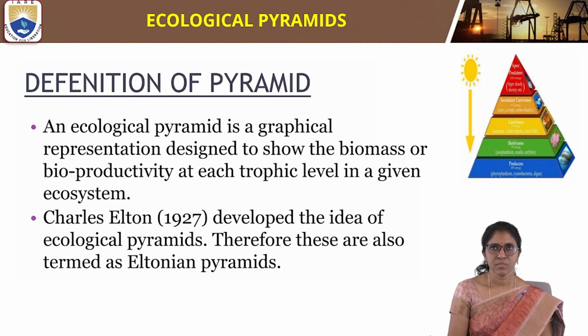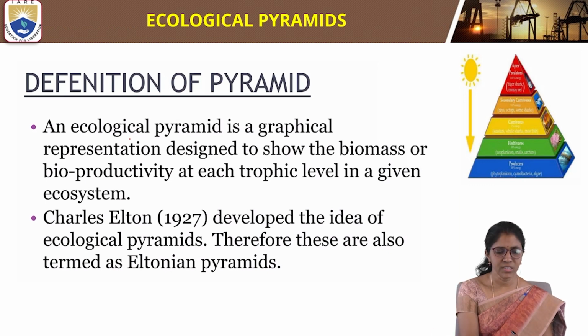So what is a pyramid? The definition: it is an ecological pyramid. It is a graphical representation designed to show the biomass or bioproductivity at each trophic level in a given ecosystem.